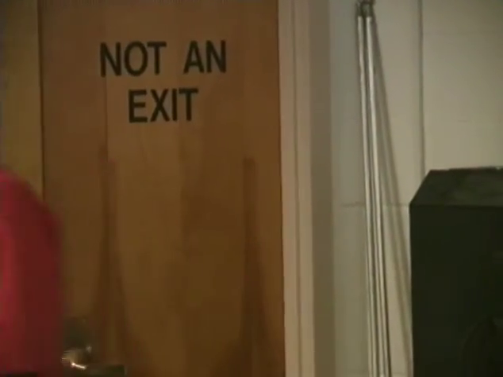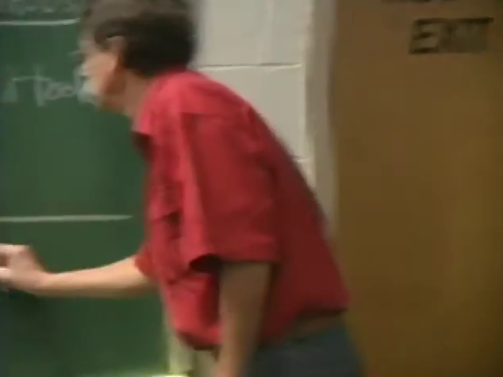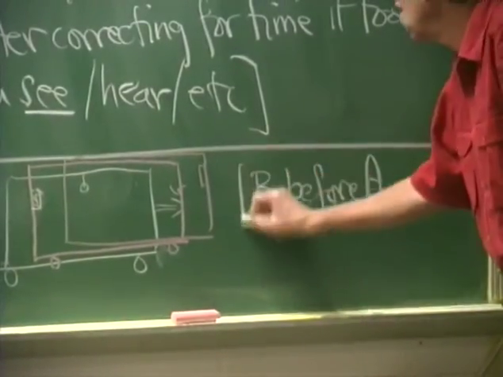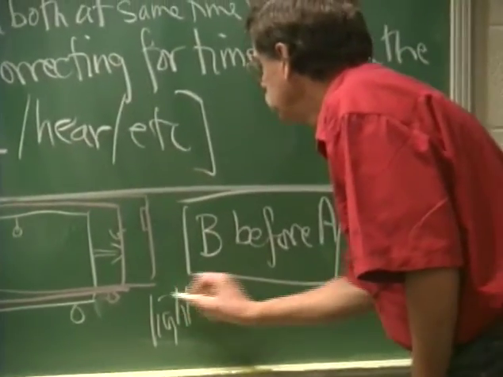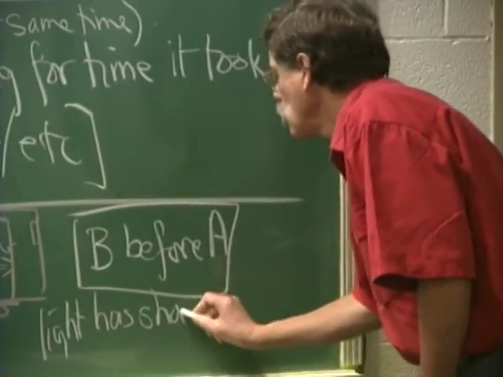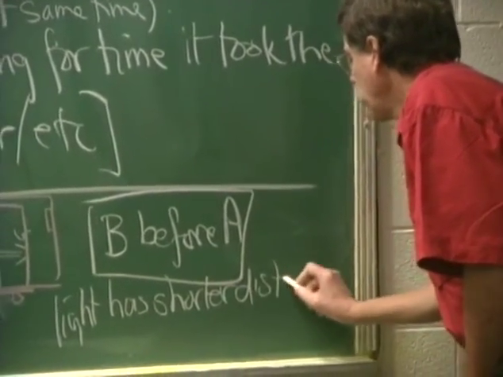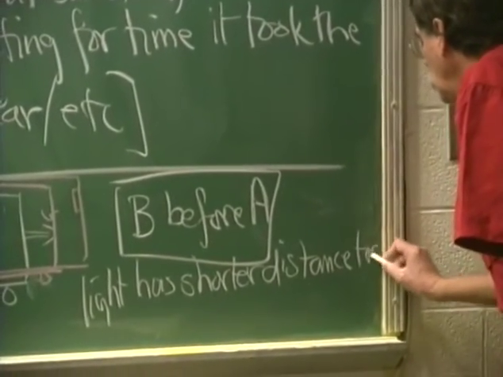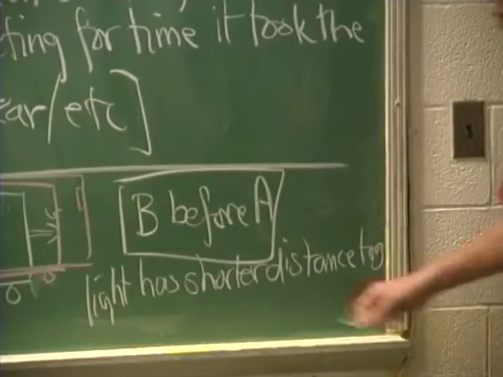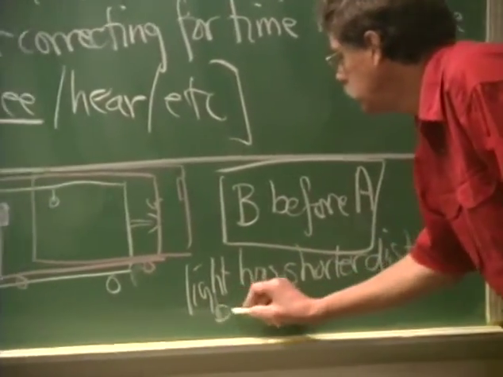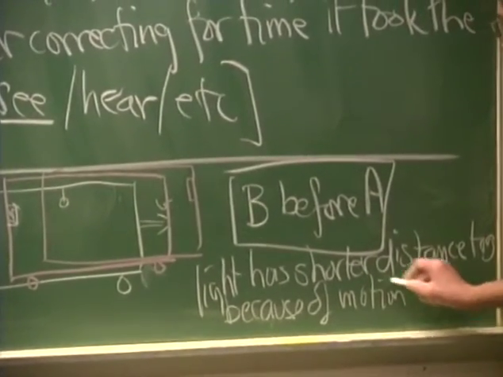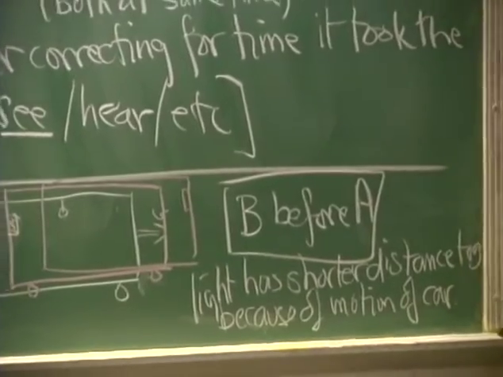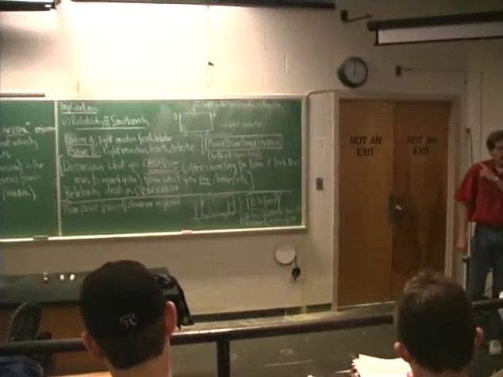And therefore, detector B fires before A. The reason for that is light has a shorter distance to go to B because of the motion of the car. Make sense?